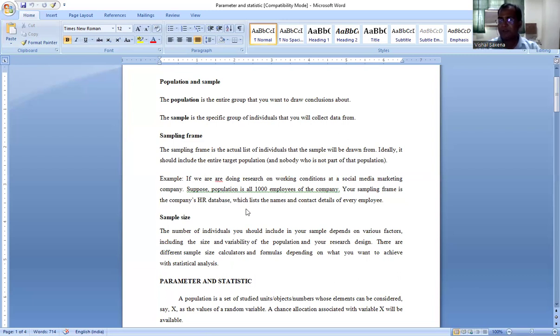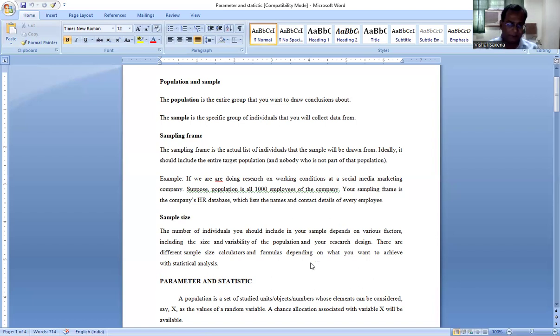Example, if we are doing research on working conditions at a social media marketing company, suppose the population is all 1000 employees of the company, then your sampling frame is the company's HR database. The sampling frame is the HR database, which lists the names and contact details of every employee.